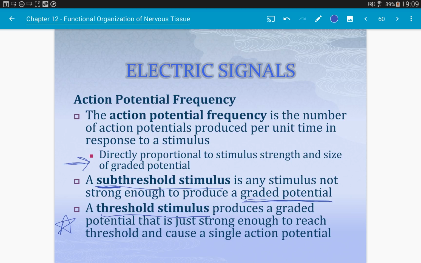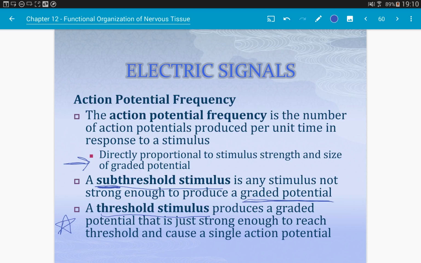Okay? So we want to remember that we can produce graded potentials. Graded potentials, if they're strong enough, reach that magical threshold level. Okay? If you reach threshold, what will happen? You'll generate what? Action potential, right.